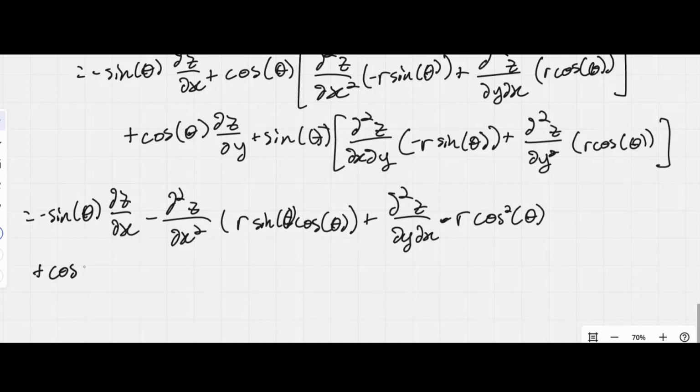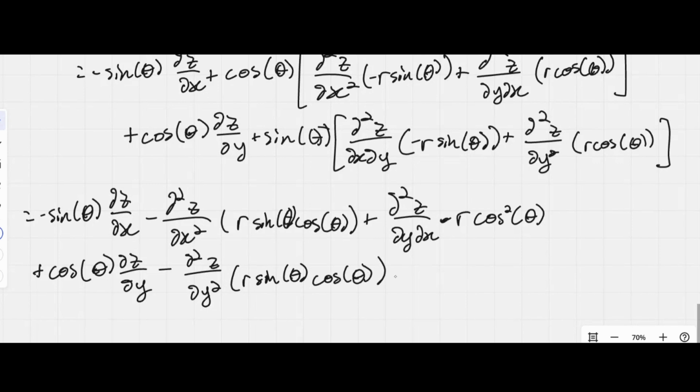We're going to be adding that to cosine theta multiplied by the partial of z with respect to y, minus the second order partial of z with respect to y squared, r sine theta cosine theta, once again, cosine theta. And in fact, I actually made a small error over here.